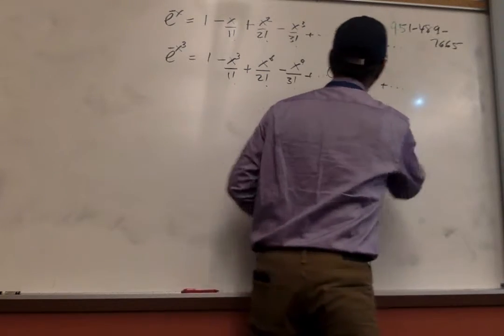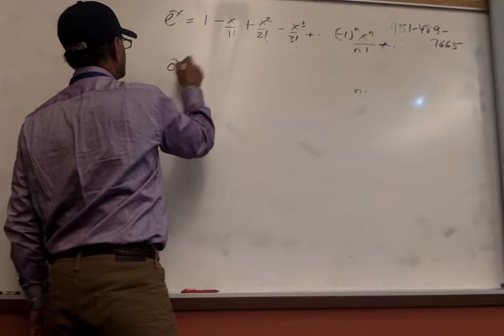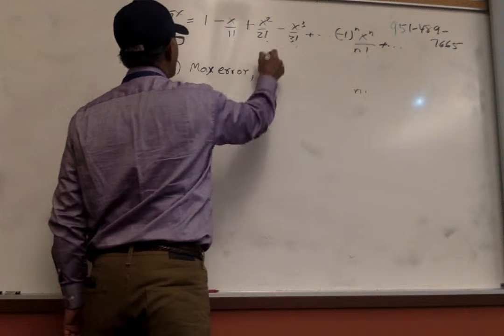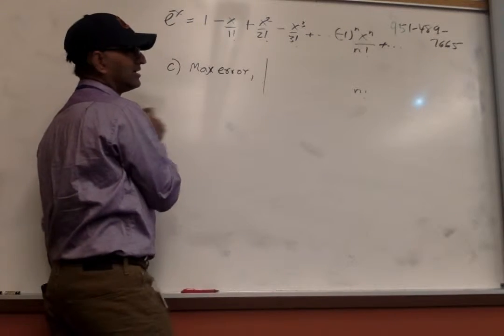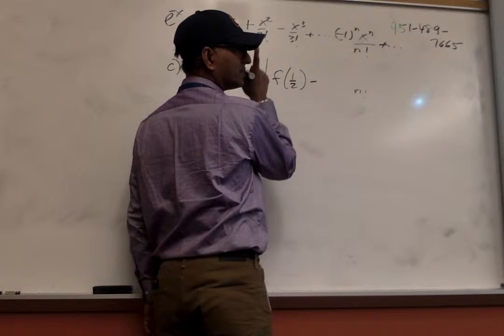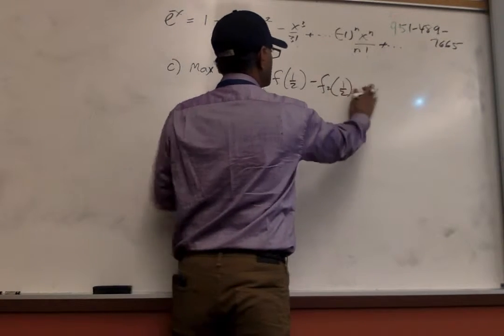Maximum error. Okay, so part C is a maximum error. Who remembers the notation? f of 1/2 minus, hint, we used two terms in part B, f sub 2 of 1/2. Guys, this is a subscript. Look at me.